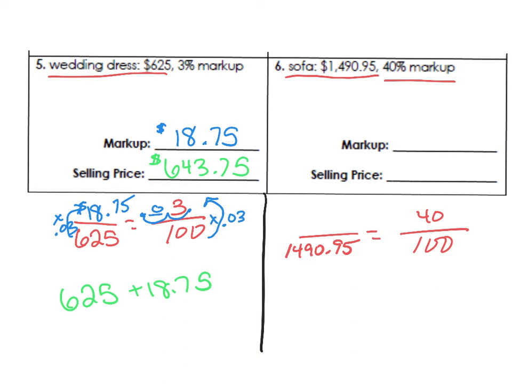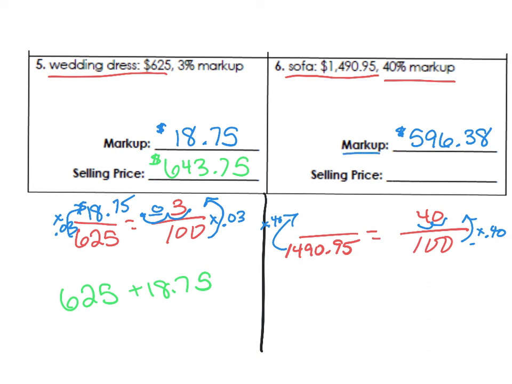So we're going to take 0.40 and do the same thing with $1,490.95. $1,490.95 times our 0.40 is our markup, and a good thing it came out to whole cents, $596.38.